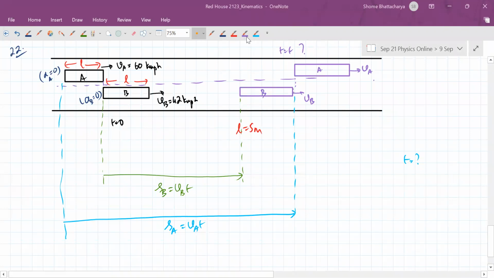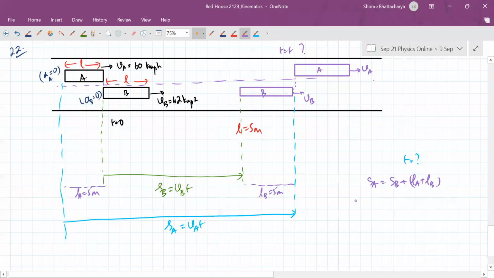Yes, very good. So basically what you can see here is that this is the length of the car, which is 5 meters, and this is also 5 meters, because they are both 5 meters long. So displacement of A should be displacement of B plus the sum of their lengths.